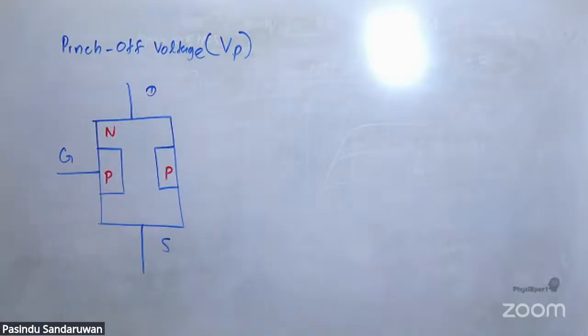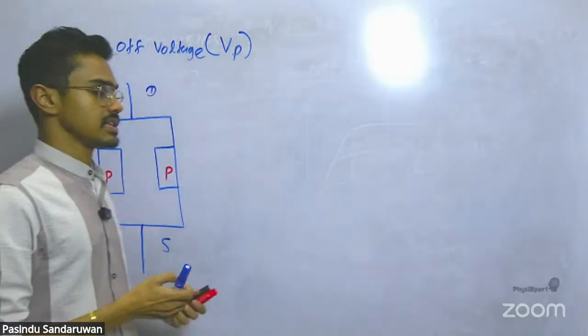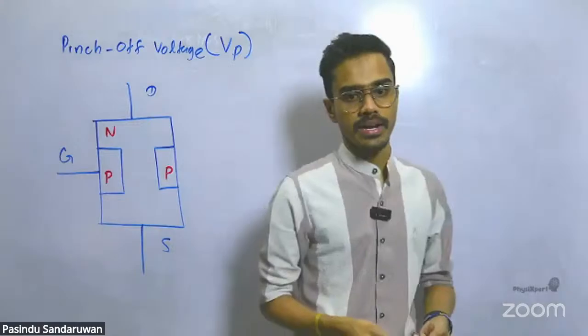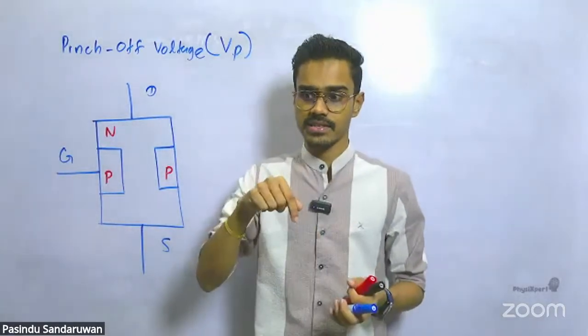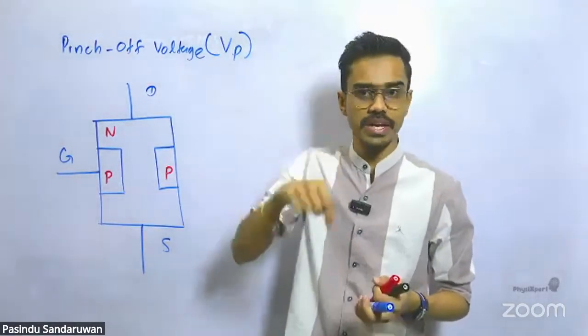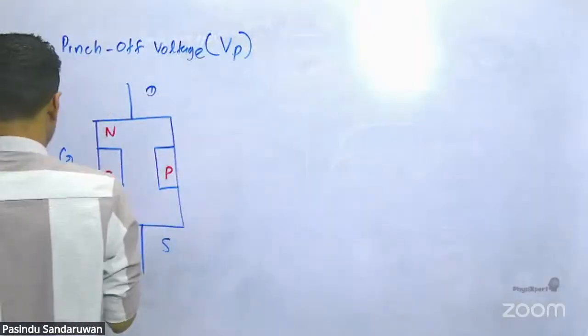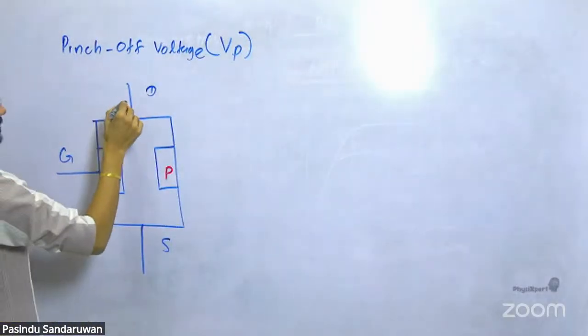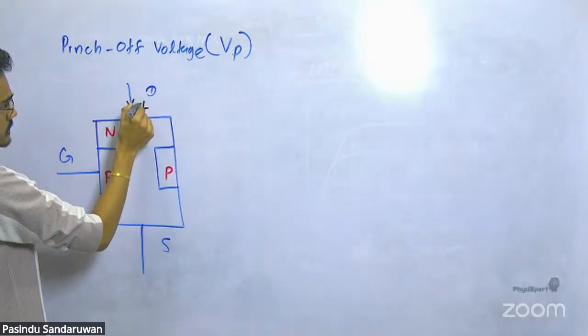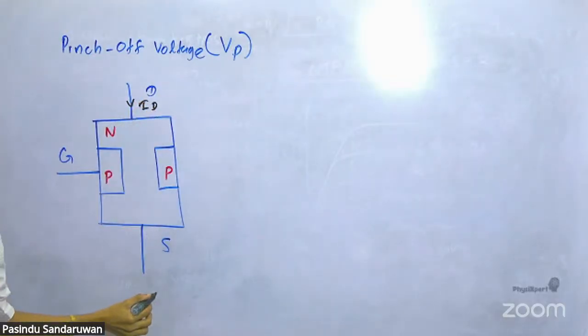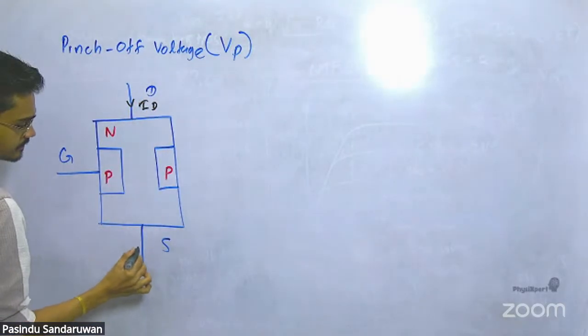Now, when this operates, current flows from D to S. ID, current flows from D to S.